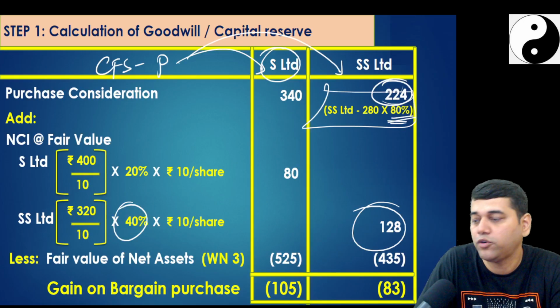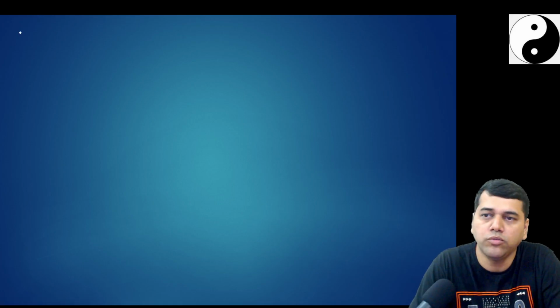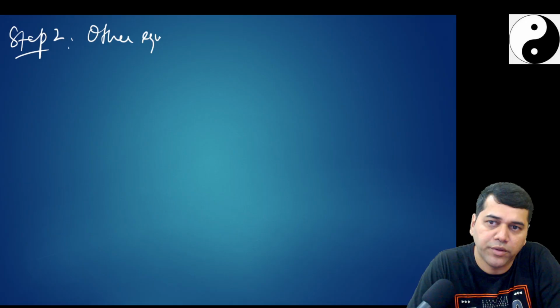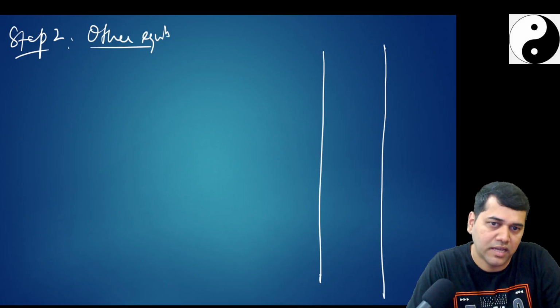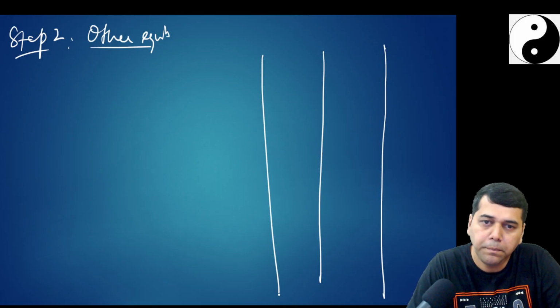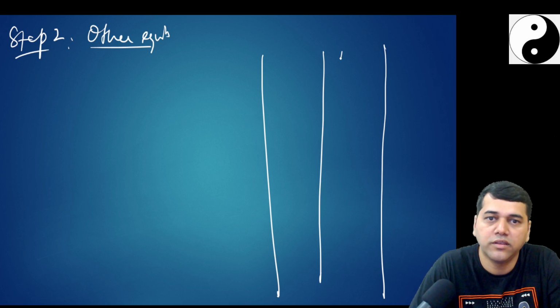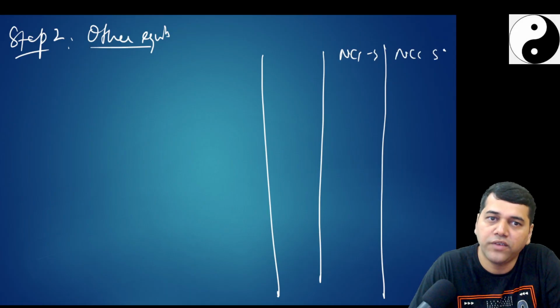Yes, next, what do I do after goodwill? Other equity. Okay, step 2, other equity. In other equity, I have got S, SS, P. This is NCI of S, NCI of SS.